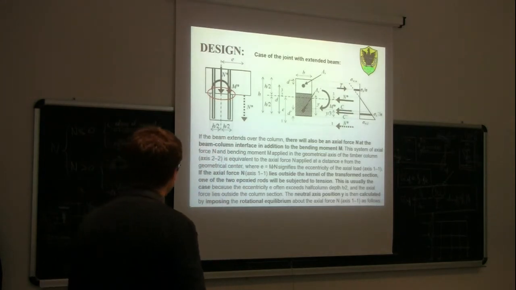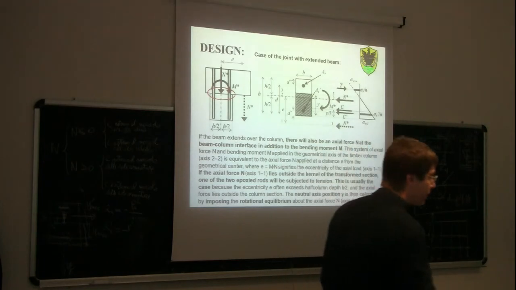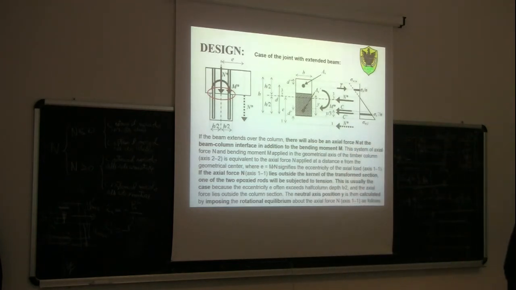Usually, when you design a portal frame with epoxy rods glued in, the bending moment will be much larger in proportion to the axial force. So usually this will be the case: a case of large eccentricity and a case of partially resistant cross-section.